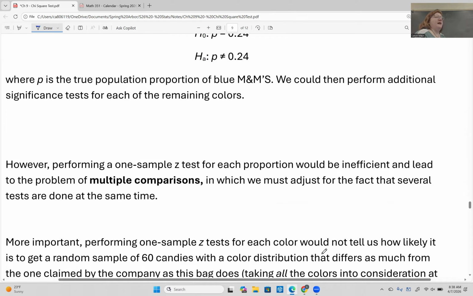Talked about in chapter 5, we don't want to compare multiple times because we will catch something even if something's not there. So we would need to adjust for that fact. It gets convoluted. It gets complicated.